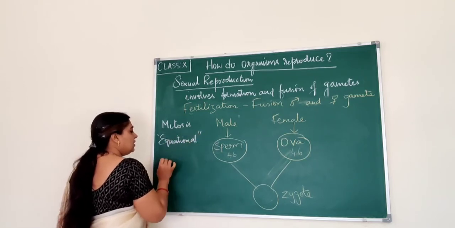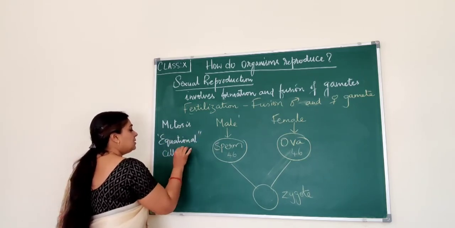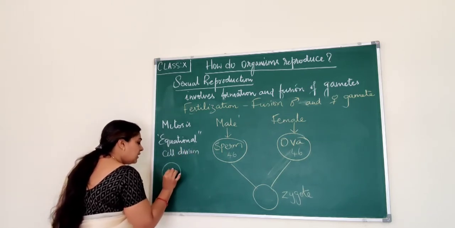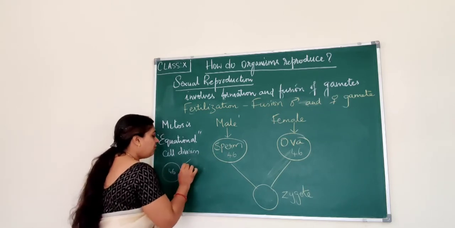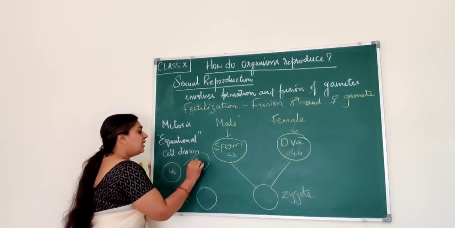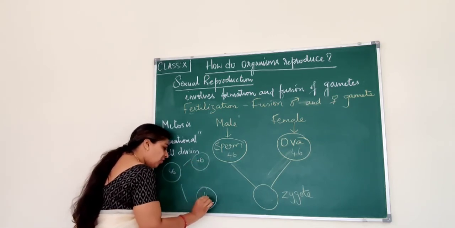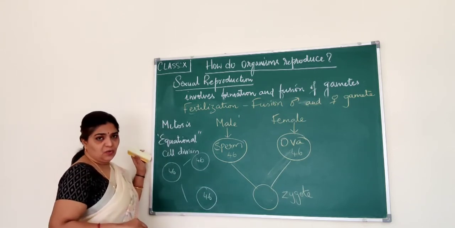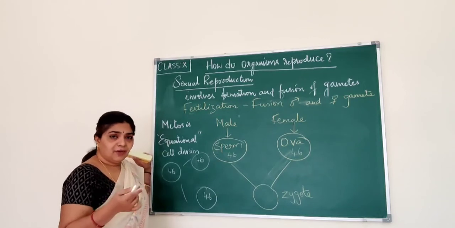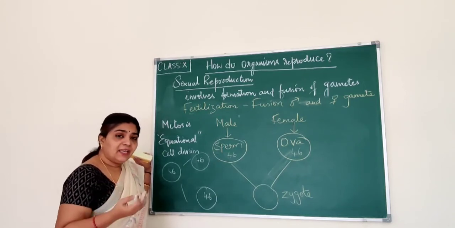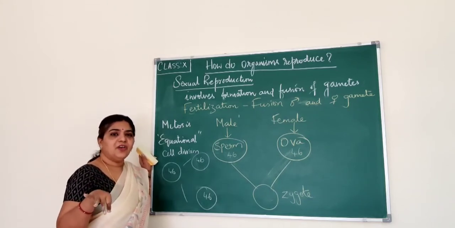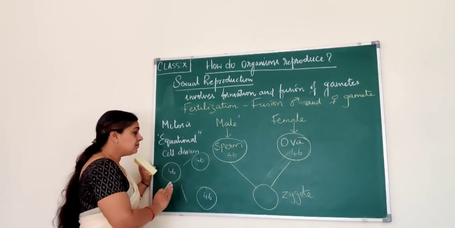Equational cell division means that a cell is dividing and it has 46 chromosomes, and it forms two daughter cells, and each daughter cell will have 46 chromosomes only, because you know DNA copying takes place. Whenever a cell is going to divide, it will undergo DNA replication. That's how each daughter cell will get 46 chromosomes, isn't it?